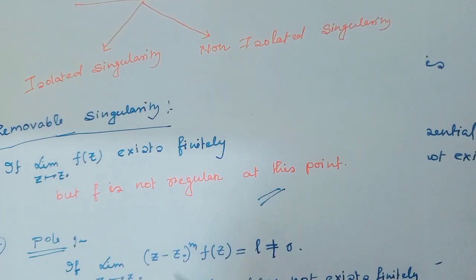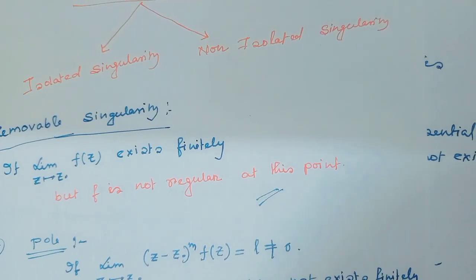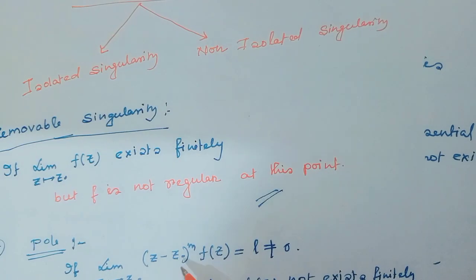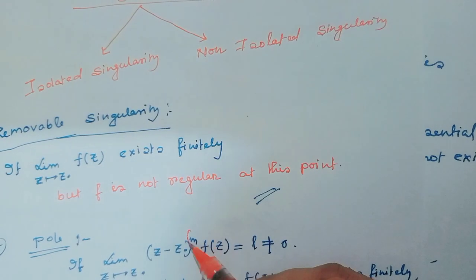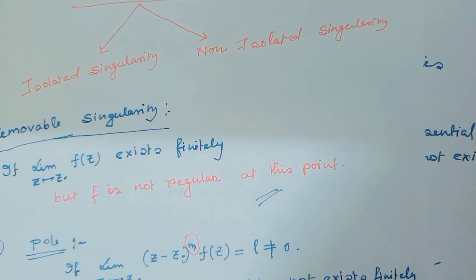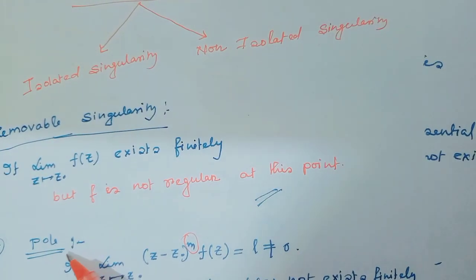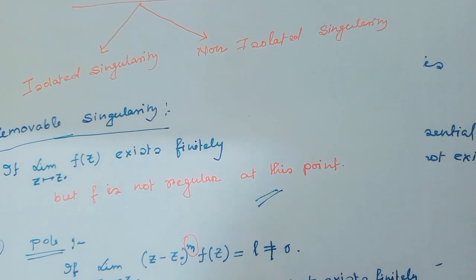And pole: if limit z tends to z naught of (z minus z0) to the power m times f(z) equals L, which is not equal to 0, that means if this value exists finitely, where m is the order of the pole, then we can say f(z) has a pole.